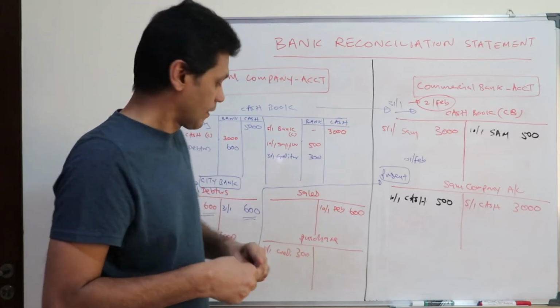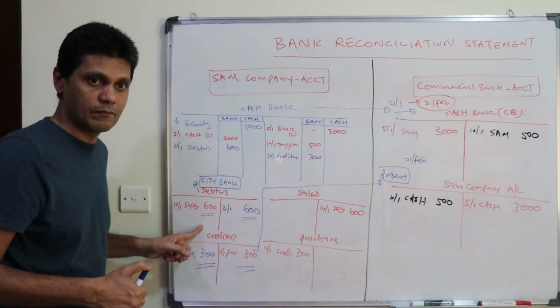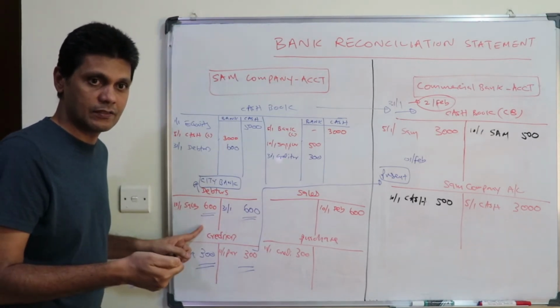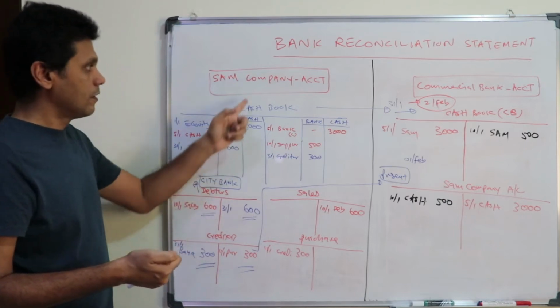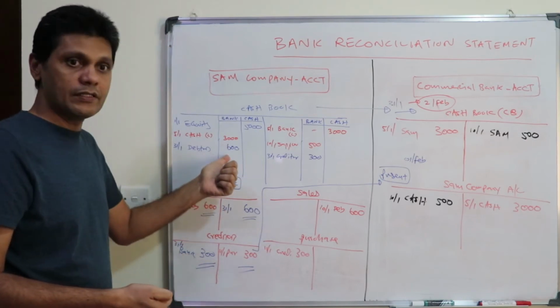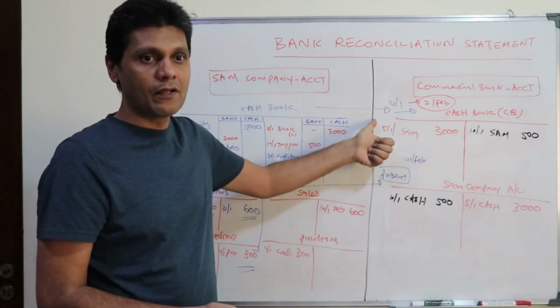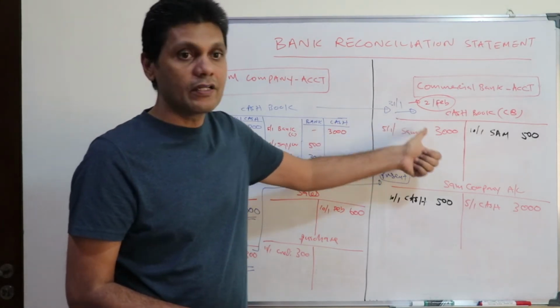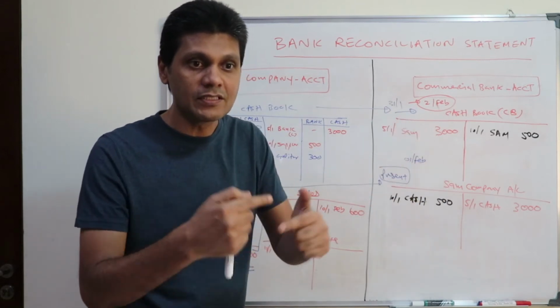Let's recap. There was a customer, he paid 600 by way of check, okay, from his bank, Citibank. The SAM company accountant received the check, he recorded and he went and immediately deposited, but it will not get realized because there is a clearance process.